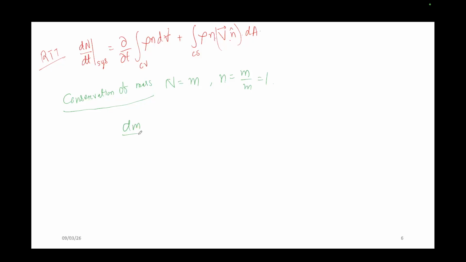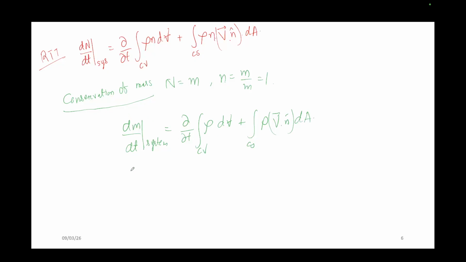This is dm by dt, in place of n it will remain the same, plus the integral of v n into dA.